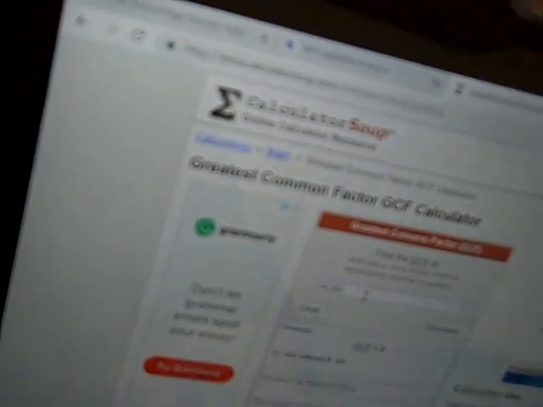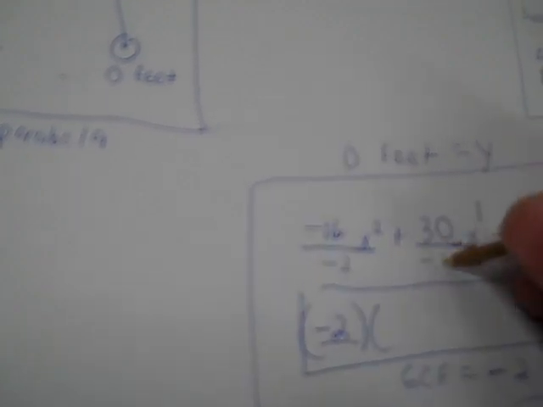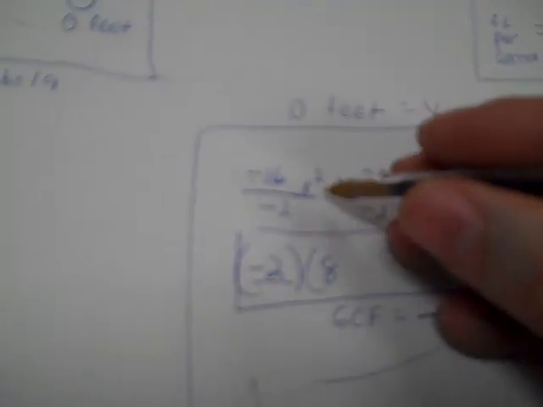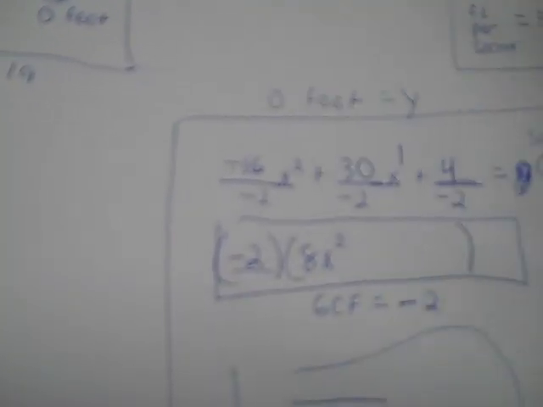And then I let my GCF calculate 16, 30, and 4. Okay, I got 2. So again, -2. Remember, it's got to be -2. So go up and divide these all by -2. So -16 divided by -2 is 8. Stays x to the second.